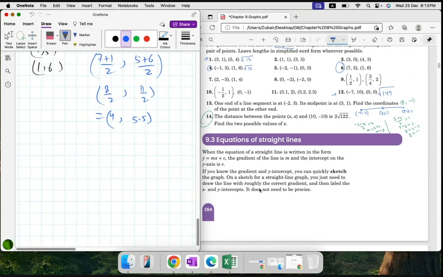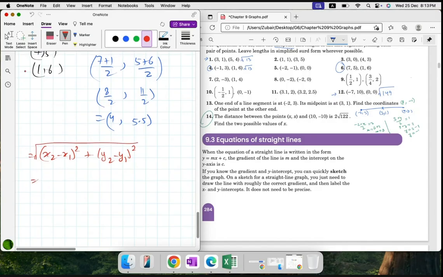So these were midpoint and distance for the same. The distance formula was the square root of x2 minus x1 whole squared plus y2 minus y1 whole squared.